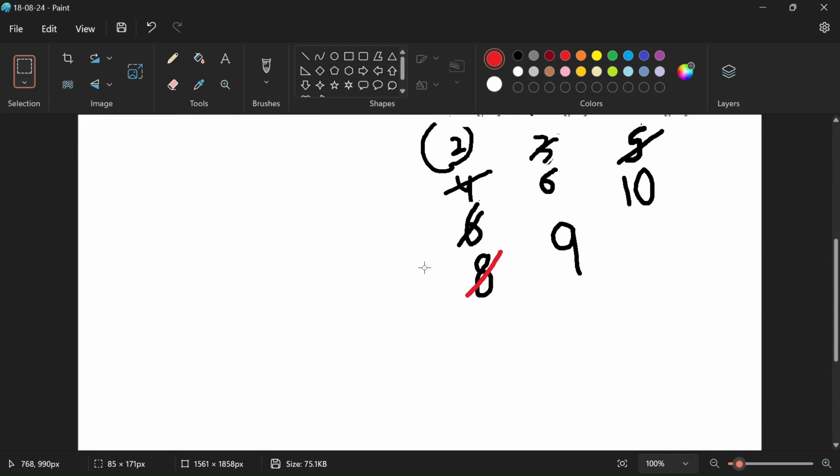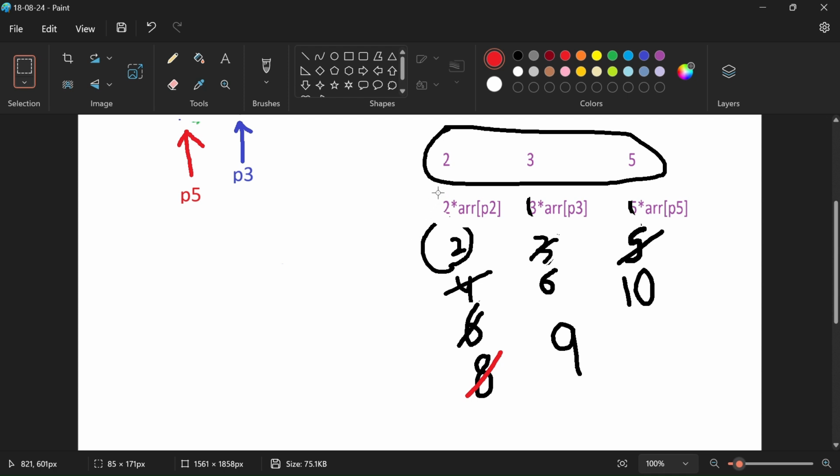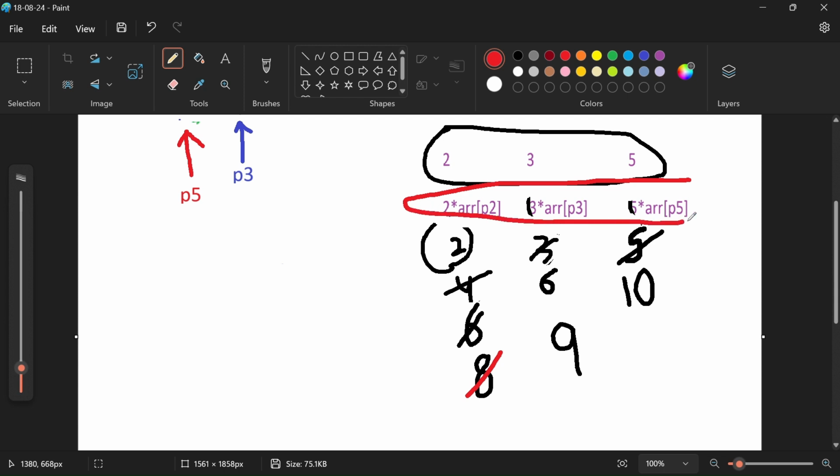So whenever you multiply 2 with the p2 pointer, 3 with the p3 pointer, and 5 with the p5 pointer, you choose the minimum of them for the current position i, and you increment the pointers p2, p3, p5 which have that minimum value.